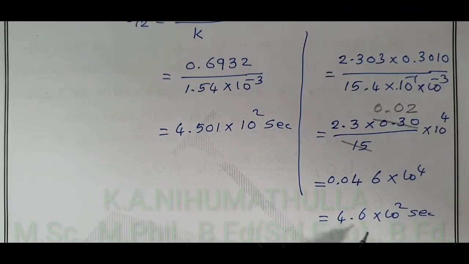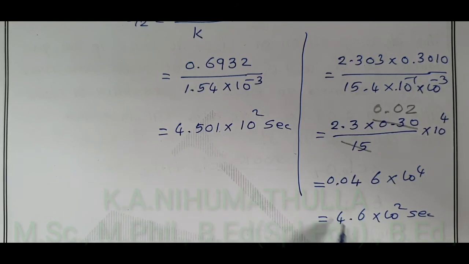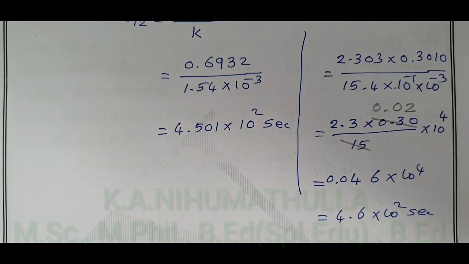Values are equal, 4.6, 4.501, mostly values are equal. So, this is how the half-life period is determined by using the rate constant value.